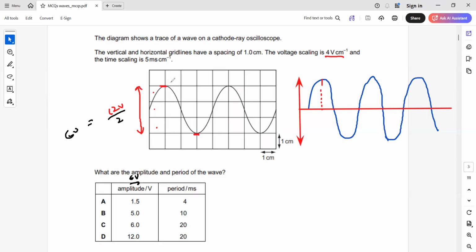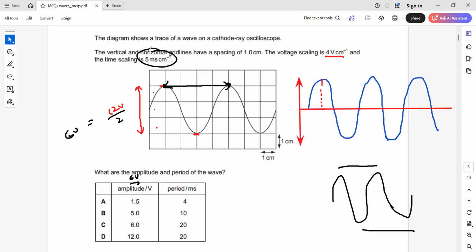What about the time period? The time period is the time to complete one oscillation, or time taken by one oscillation. One oscillation can be from one crest to another or one trough to another. So if I take from one crest to another, the interval is known as the time period. According to the scale, the time scale is 5 milliseconds per centimeter.